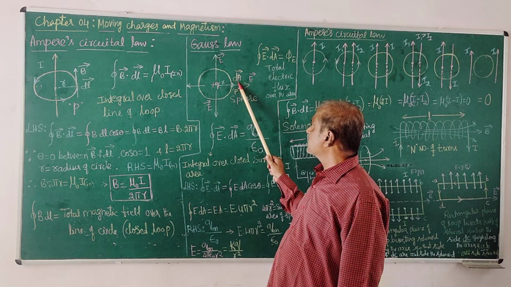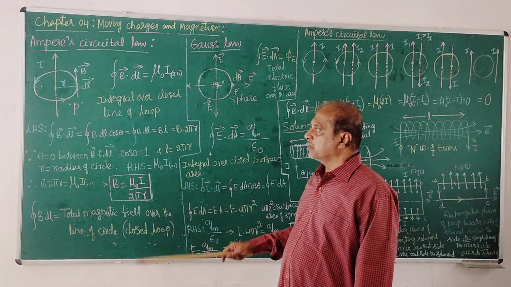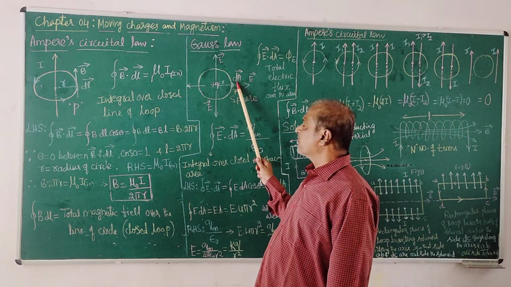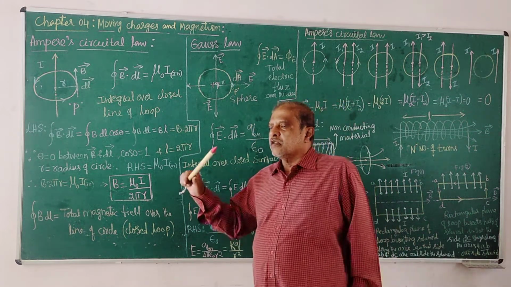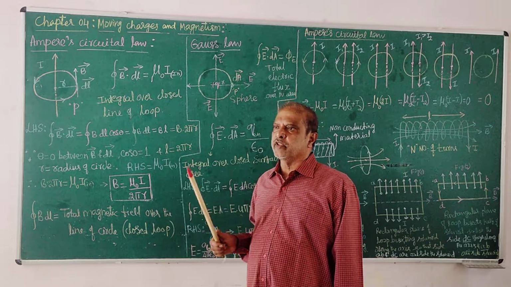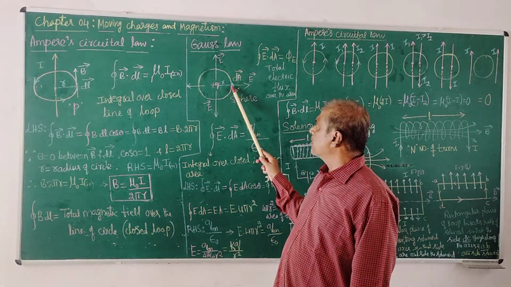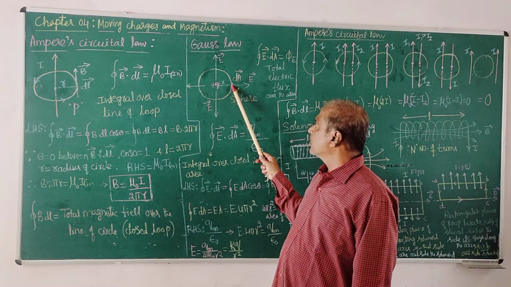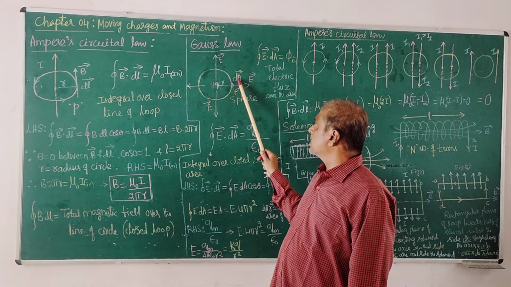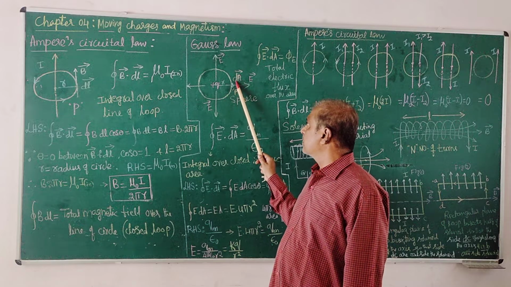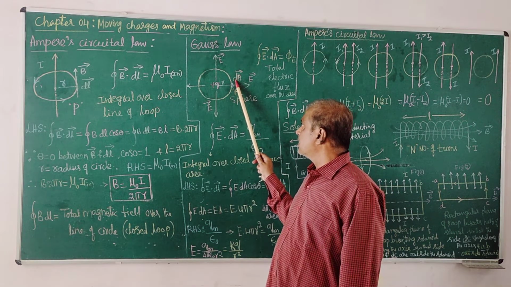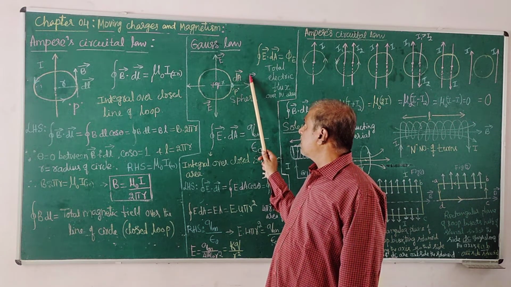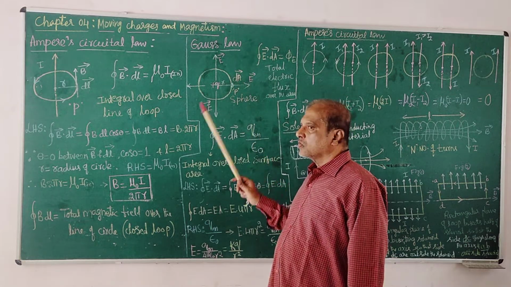What would be the direction of the surface area? It is an infinitesimal, a small amount of area. So at this point I am taking the infinitesimal area. Let us understand the direction: dA is a vector, E is a vector. They have directions. What are those directions?